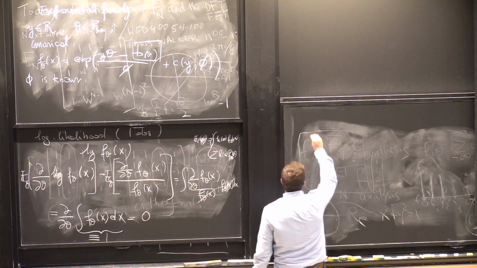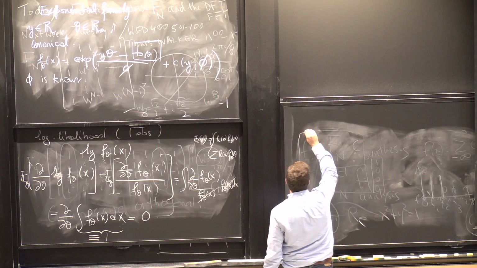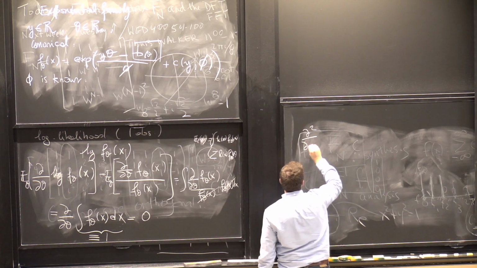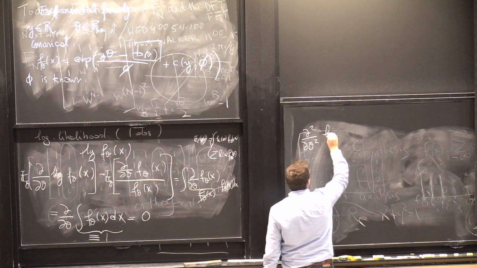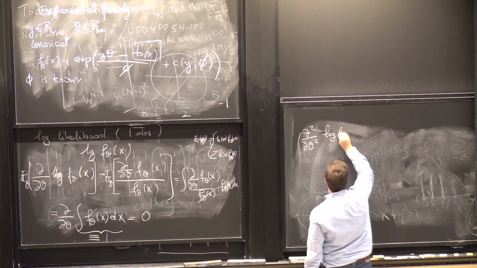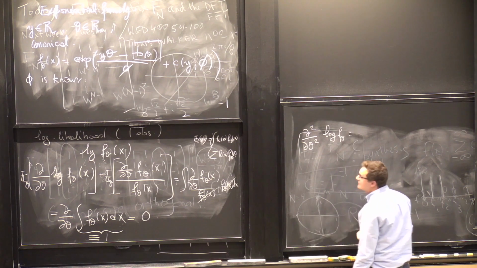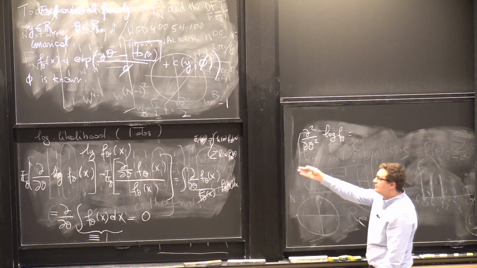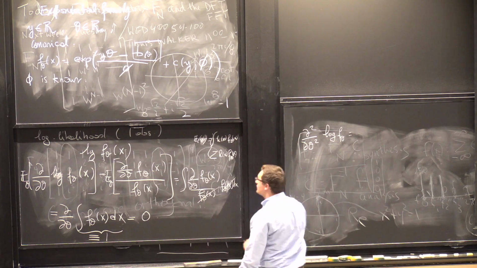So if I start taking the second derivative of the log of f theta, what is this? Well, it's the derivative of this guy here, so I'm going to go straight to it.